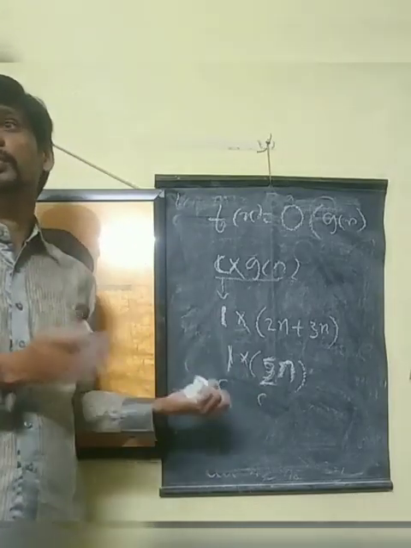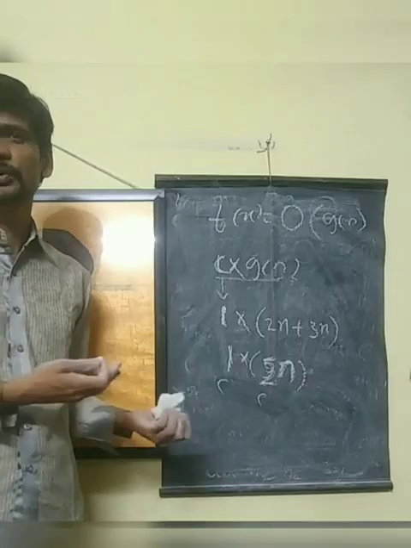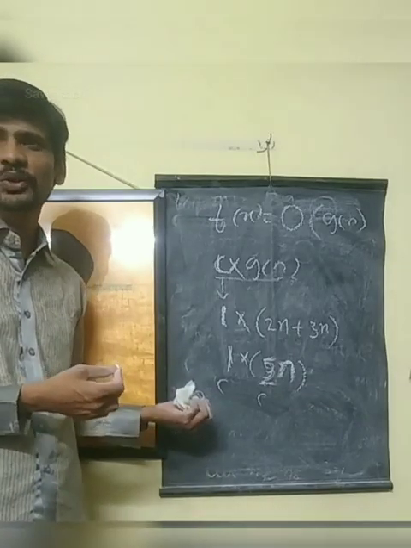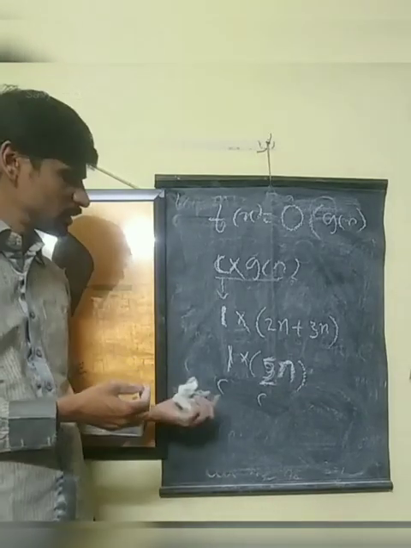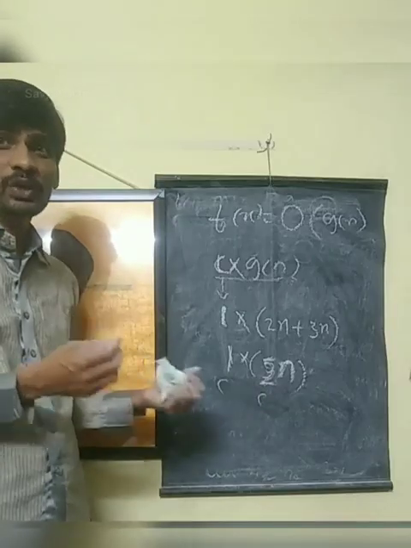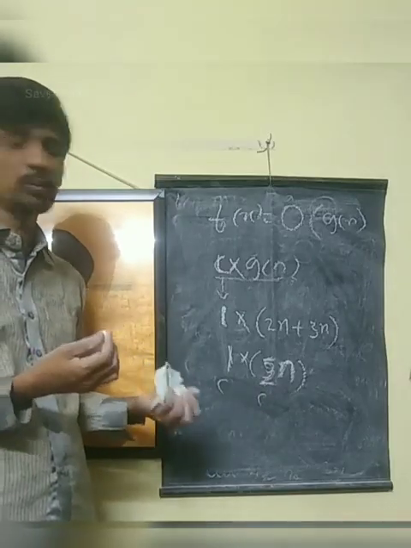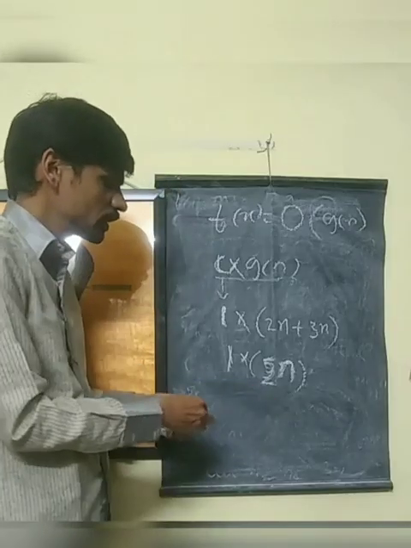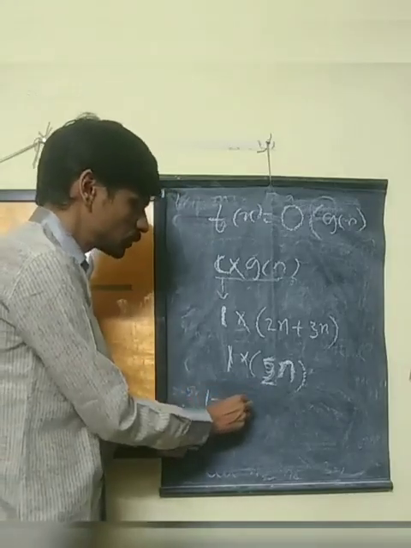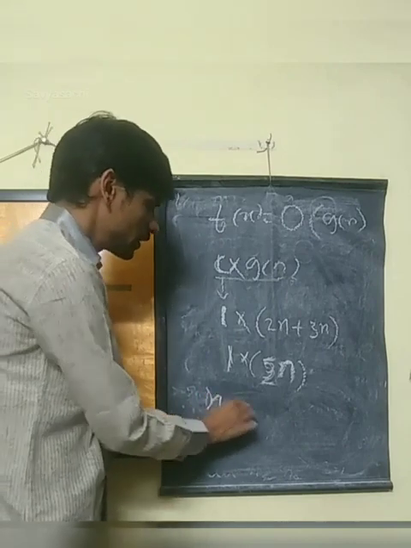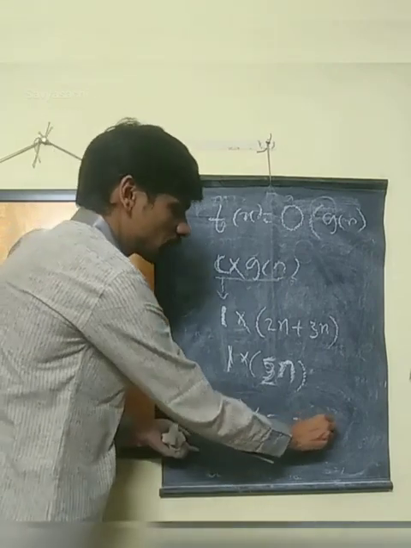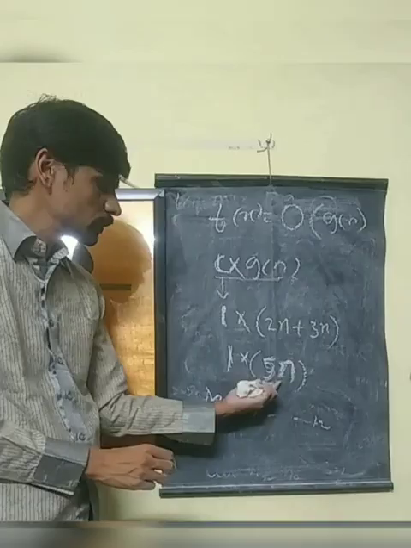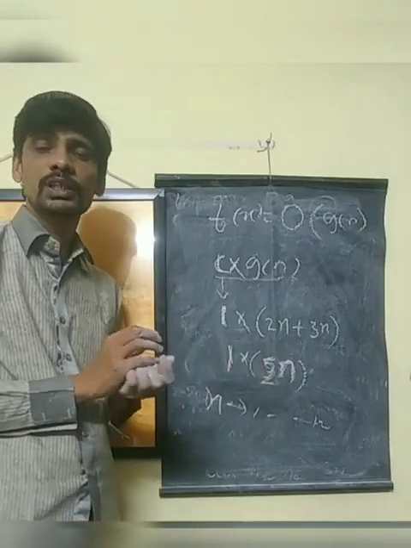You can ask me why we should eliminate them, right? Those are also contributing to your time factor. But why are we eliminating them? Because let's imagine, for small values of input n, like 1 to 100 or 200, these factors will be significant.